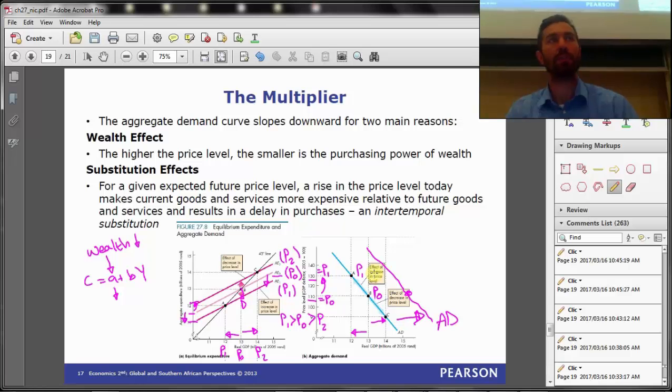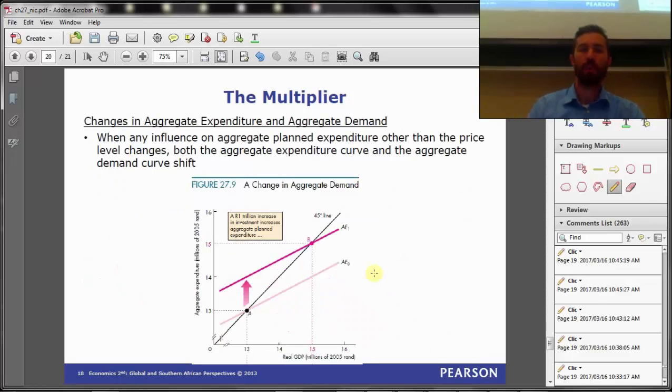Change in price level shifts aggregate expenditure, causes a movement along a demand curve. Change in aggregate expenditure not due to change in price shifts aggregate expenditure, which then shifts the entire aggregate demand curve. Okay, so in other words, when any influence on aggregate planned expenditure other than the price level changes, both aggregate expenditure and aggregate demand shift.